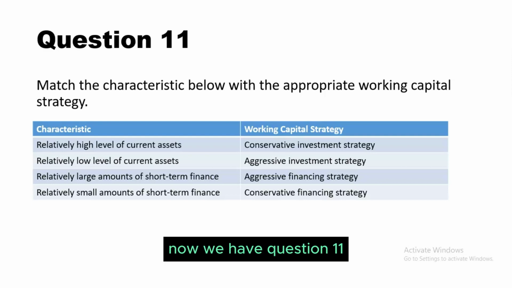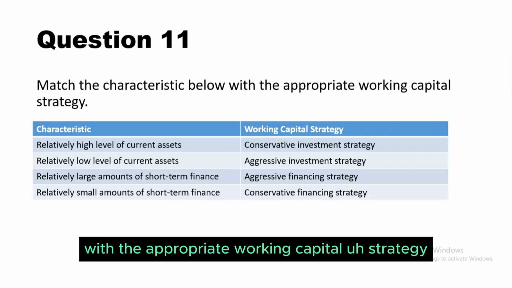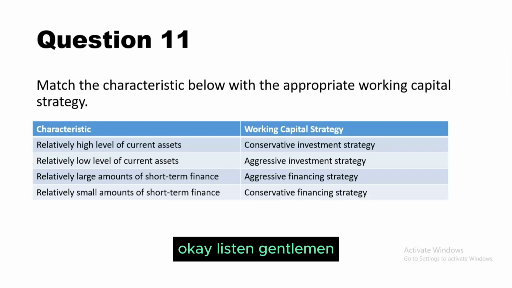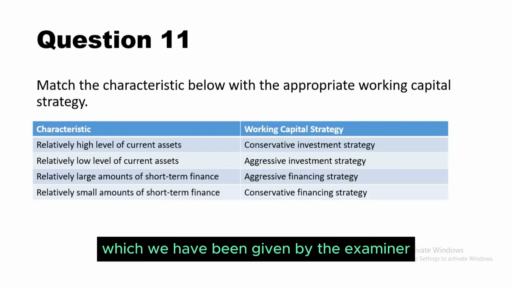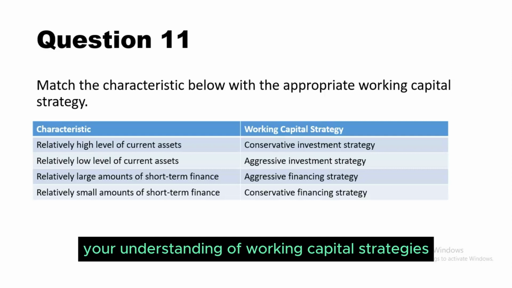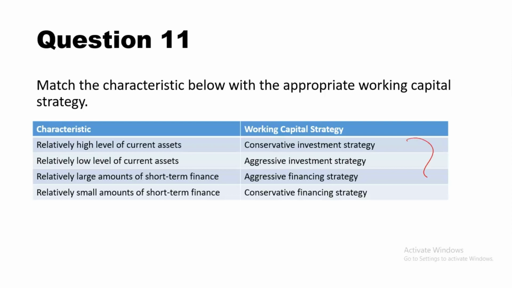Now, we have question 11. Match the characteristic below with the appropriate working capital strategy. Okay, ladies and gentlemen, this is the question which we have been given by the examiner, and he's testing your understanding of working capital strategies.